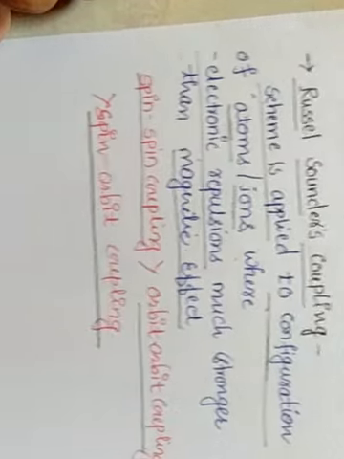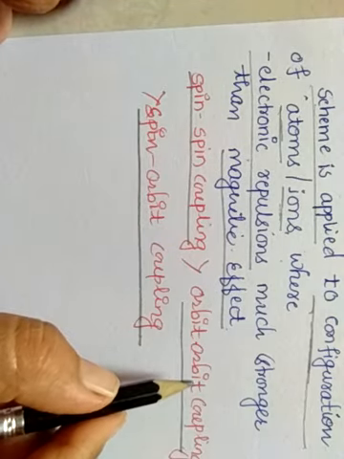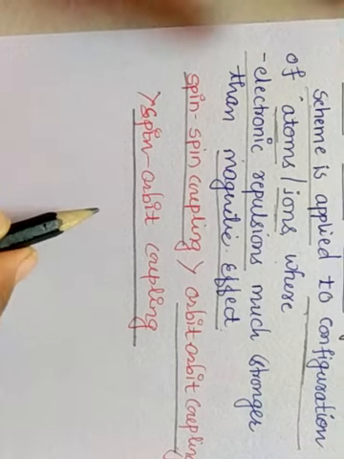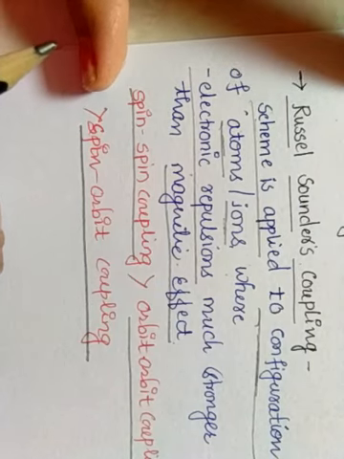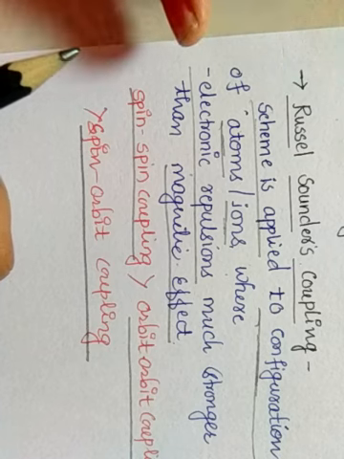That is, it is assumed that spin-spin coupling is more favorable than orbit-orbit, and orbit-orbit more than spin-orbit coupling, isn't it? This is about our RS, that is Russell-Sanders coupling.